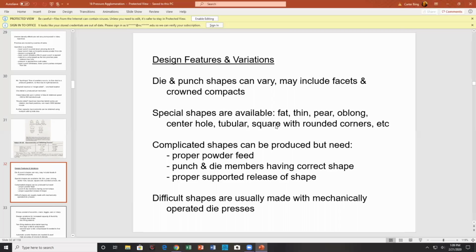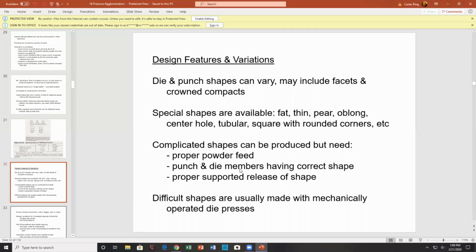Yeah, you better have rounded corners. There's nothing more asking for it in the world of tablets than a corner. A corner is just simply sitting there asking for it. Complicated shapes are produced but need proper feeding.